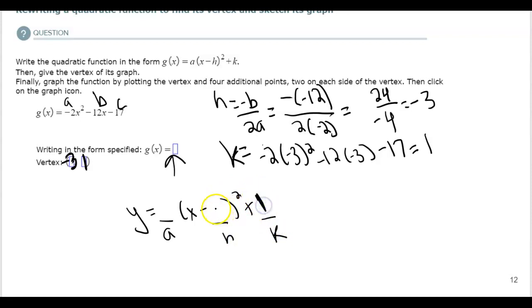I know my k is 1 and my h is negative 3. And my a is negative 2. So my final answer would be that.